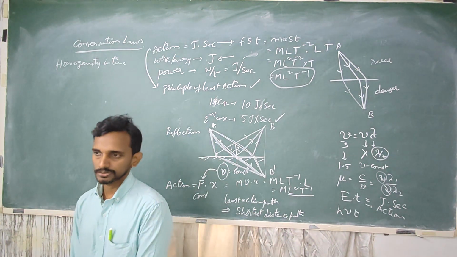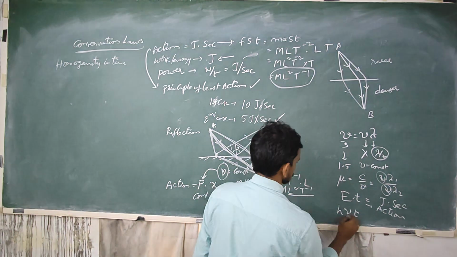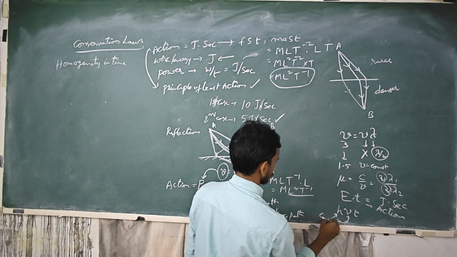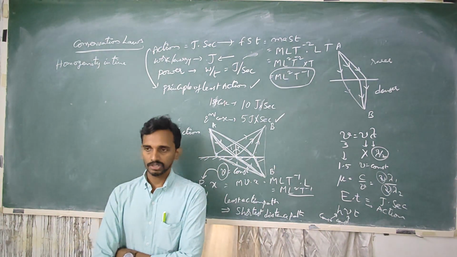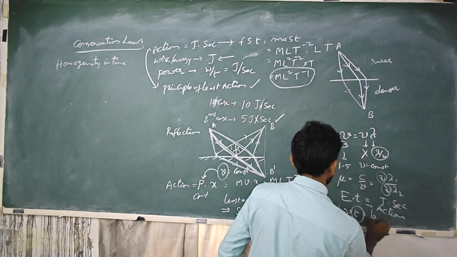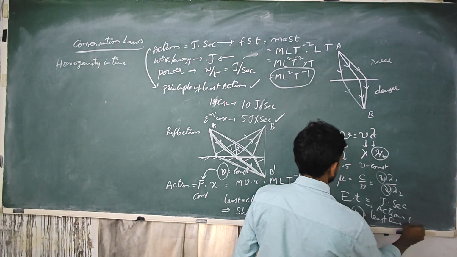H is Planck's constant, nu is frequency. So here this is a constant. This is already a constant. So what are we left with? Time. So least time is the least action path.